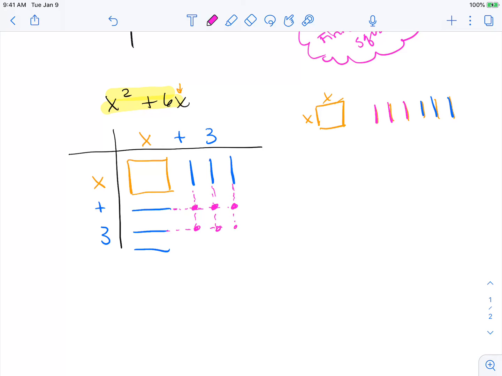As I keep doing this, I've got 1, 2, 3, 4, 5, 6, 7, 8, 9 of these. So I needed to add 9 units to complete my square.